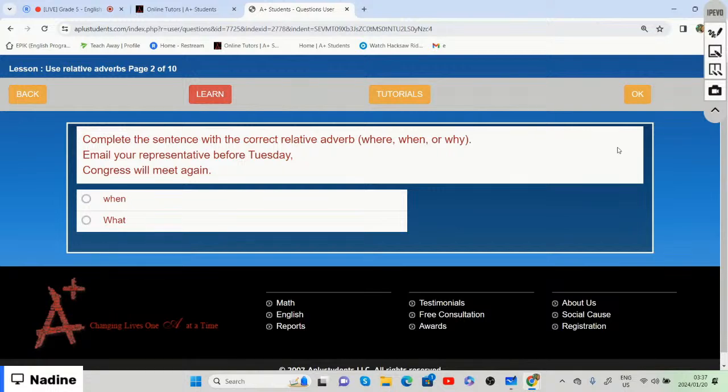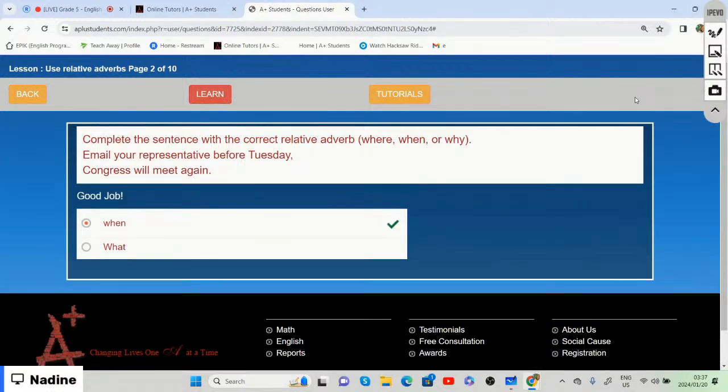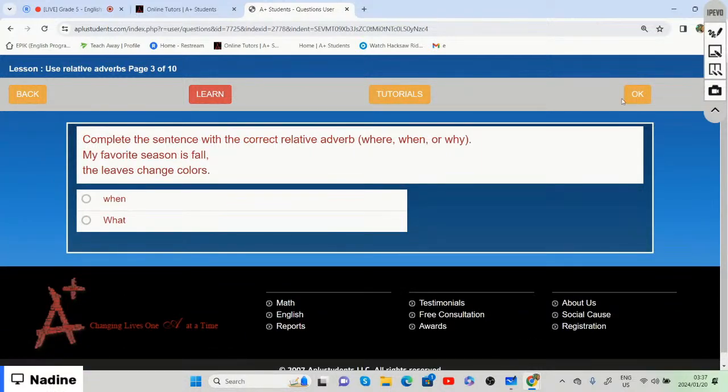If we choose the correct adverb, we will say when. And when is correct. So well done.